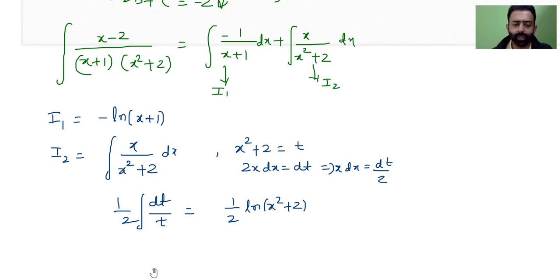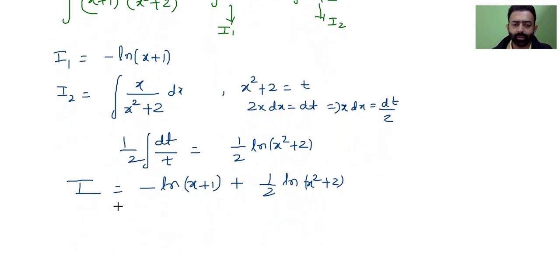So my final answer is I1, which is minus of ln (x plus 1) plus half of ln (x square plus 2). You can use the property also, that half you can raise to the power of half to x square plus 2.